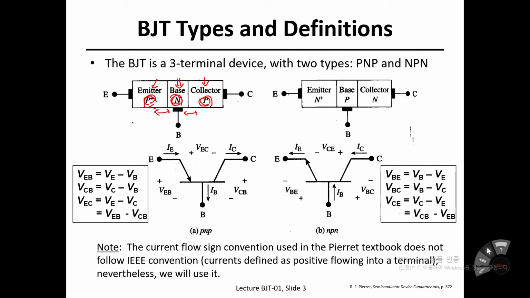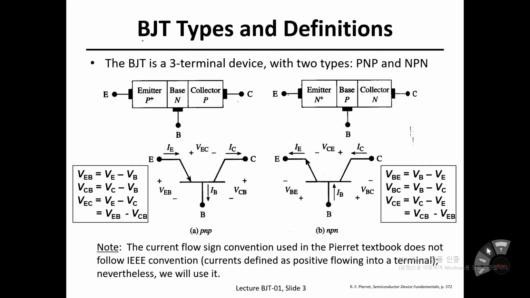Anyhow, you can clearly see that there are two different PN junctions. By combining those two PN junctions, we can build a single BJT device. So why are we using the names emitter, collector, and base?